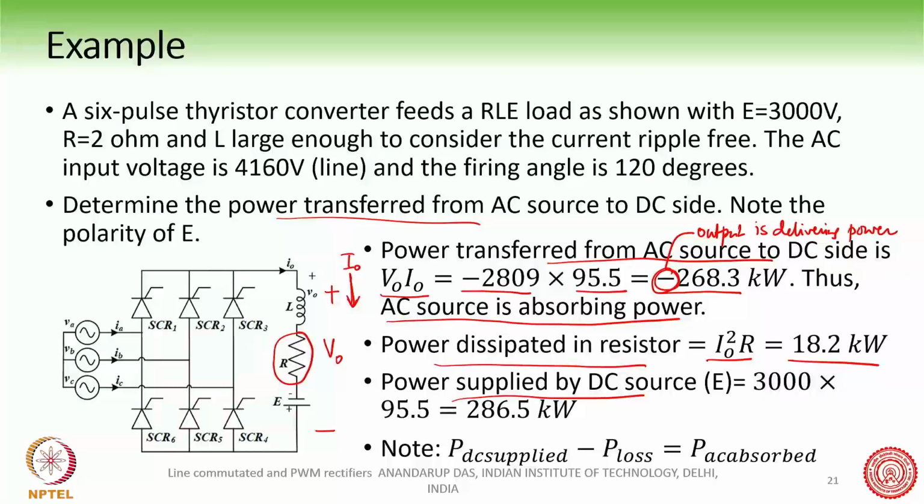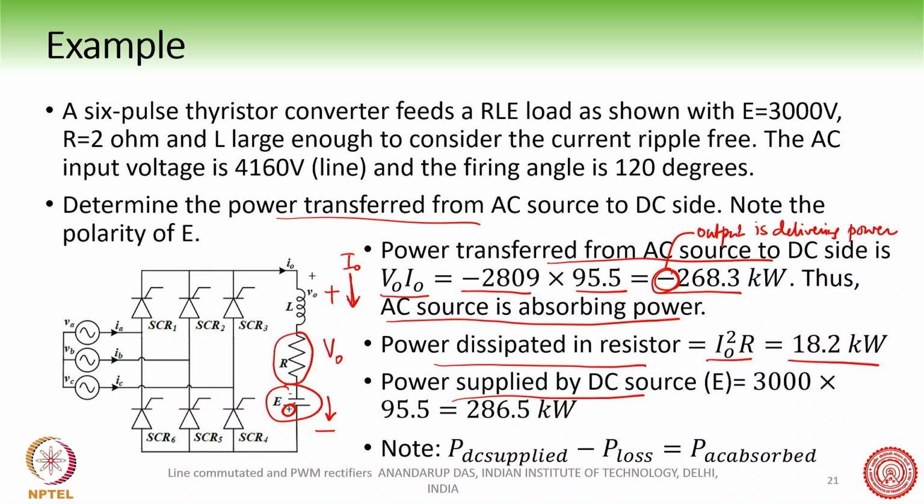Now what is the power dissipated in the resistor? There is some power getting dissipated in the resistor, which is I square R, and this is 18.2 kilowatt. How much is the power supplied by the DC source? For the DC source here, the current is going out of the plus terminal.